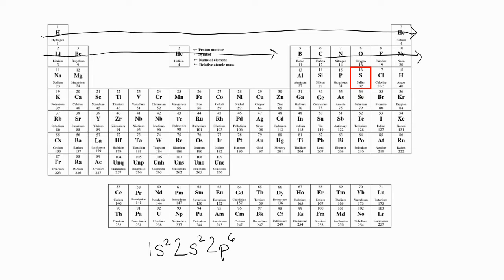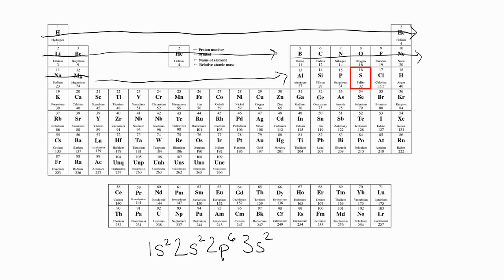And then we go down to this next row, which is the third row, and we can say 3s2, because we're in the S block here, and then keep just going across. And so now we're in the 3p block, but you can see this is where we're going to stop, because sulfur's in this block. So we only want to go as far as sulfur is.